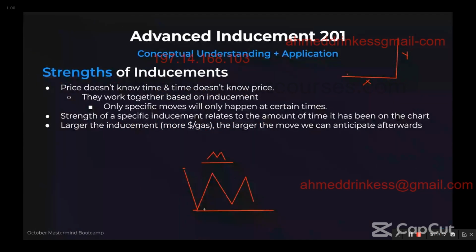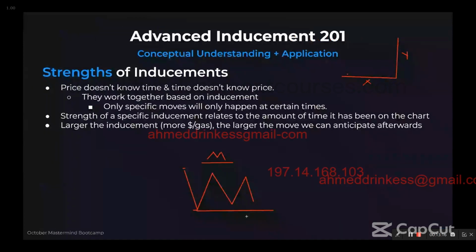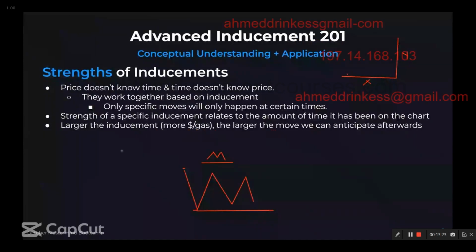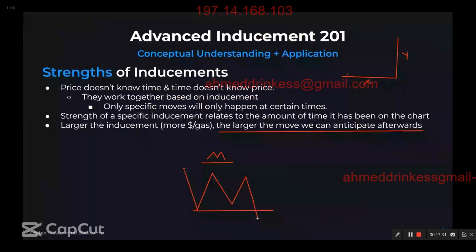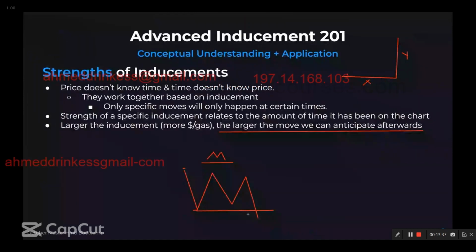There's a ton of liquidity below here, because the time frame that the inducement is on is directly related to the amount of gas or money that is lying below it. The larger the inducement, the larger the move we can anticipate afterwards. As soon as this inducement was taken out on the monthly time frame for GU specifically, there are a ton of pending orders below here for years, decades.